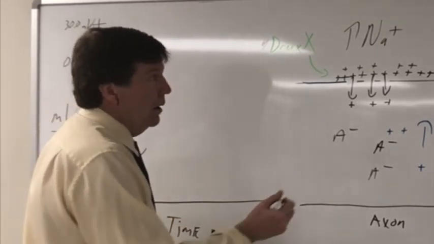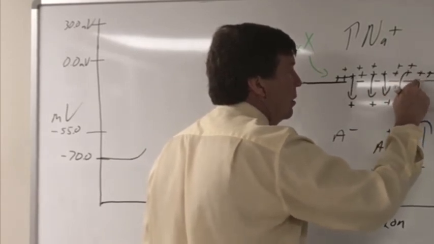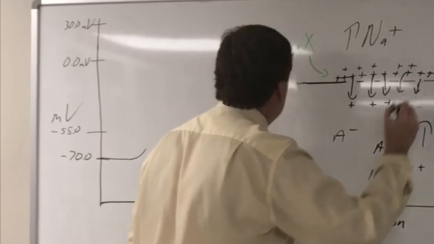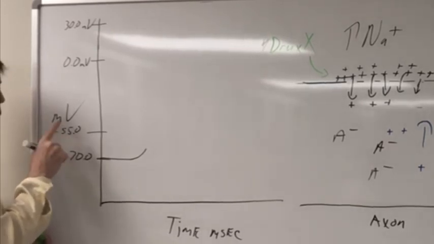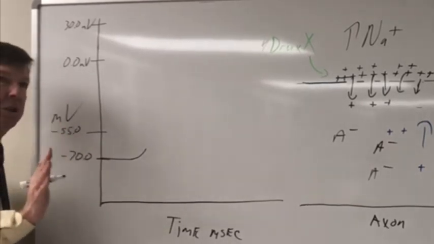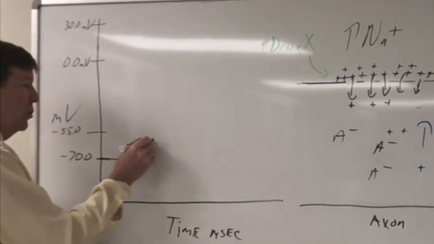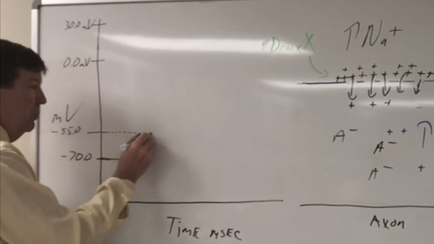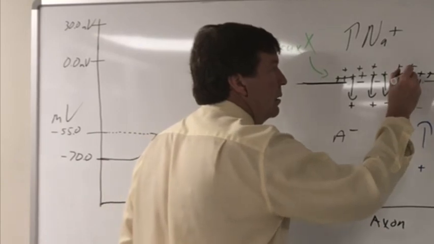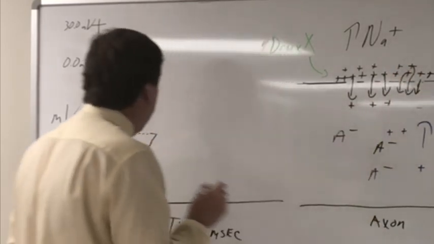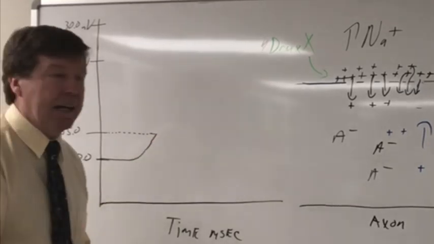Now, as more of these positives come in, we're going to approach this negative 55, which is threshold. Remember, once you hit threshold, the nerve's going to fire. So, here we go. As soon as we hit here, there's threshold. There we go. Another one creeping in here. And at this point, the nerve is going to fire, and we're going to get an action potential.